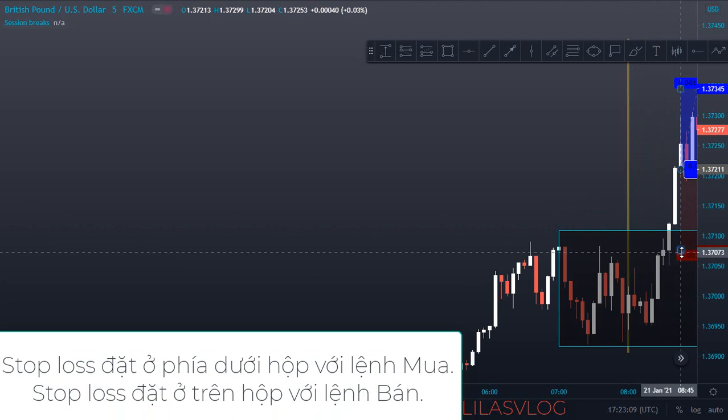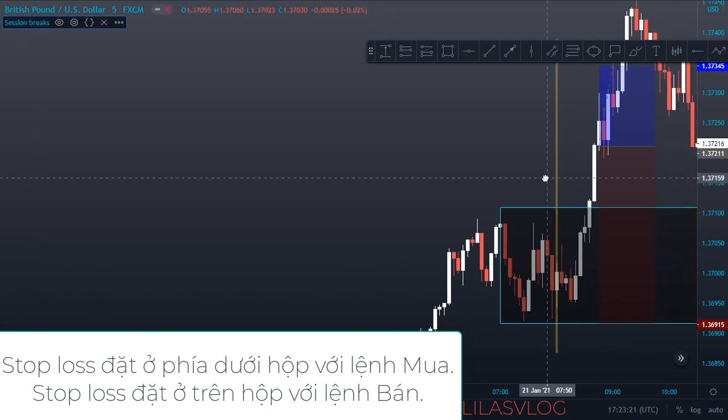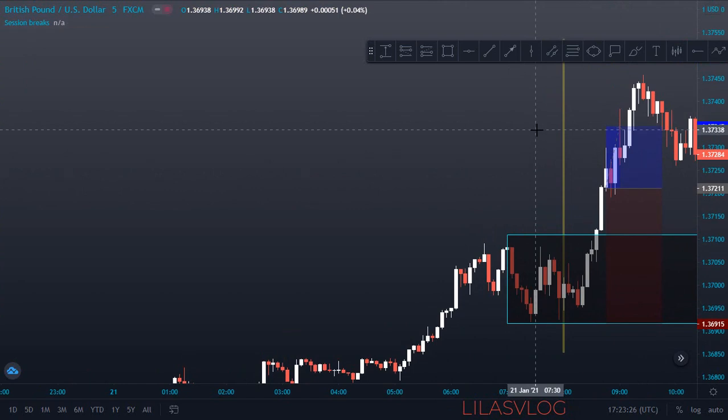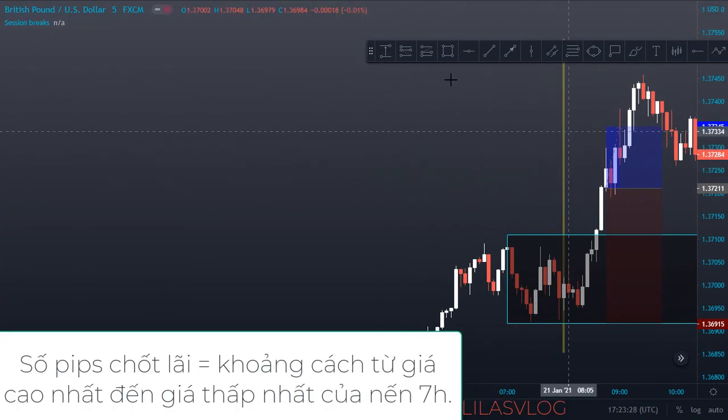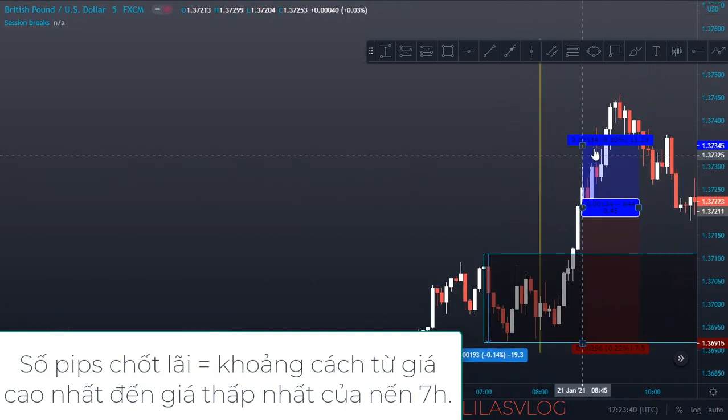Our stop loss will be placed at the other side of the box, the other line here. So we have 30 pips on stop loss, and some of you might wonder how many pips for our target. So the next thing you have to do is to measure the box to see how many pips in distance. So we have 19, we can make it 20, it doesn't matter.